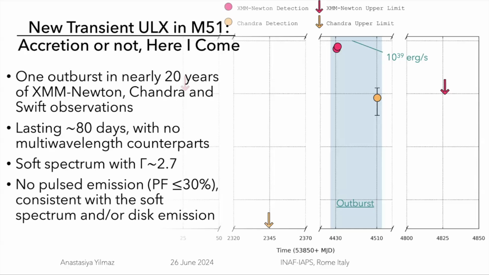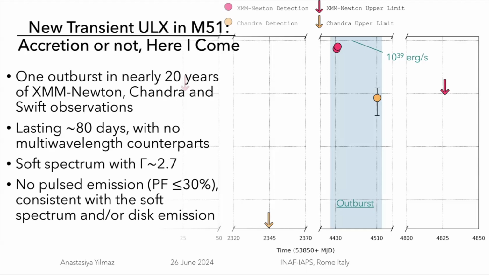And we actually have a very soft spectrum with a photon index of around 2.7. The interesting thing about this specific case is that the outburst cannot really be identified as the beginning of a typical black hole X-ray binary outburst, and it's also not typically present in other transient ULXs.